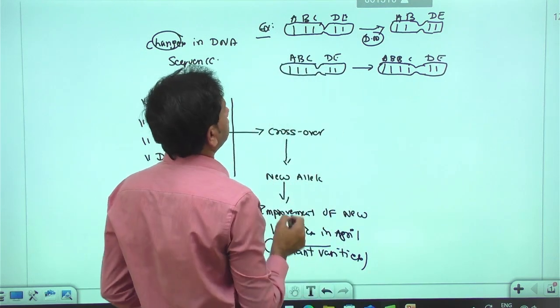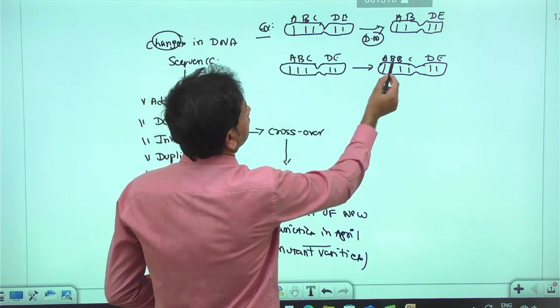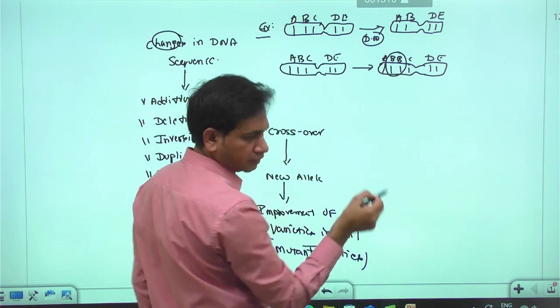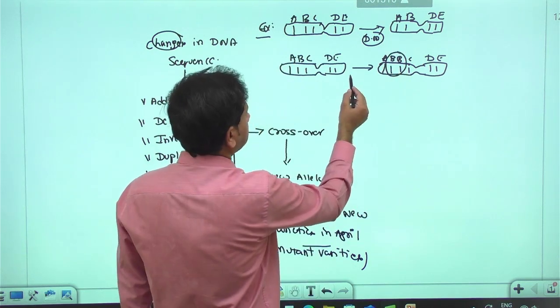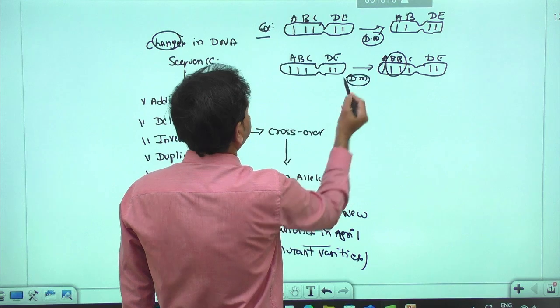And here what type of mutation is it? So here B is repeated 2 times, right? So it is called a duplication mutation.